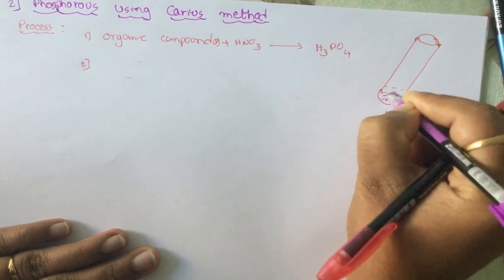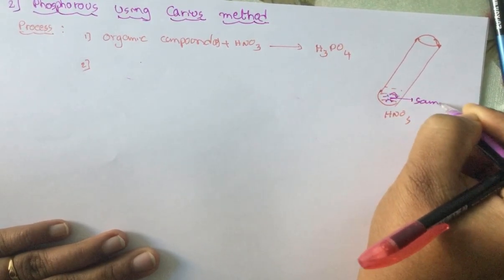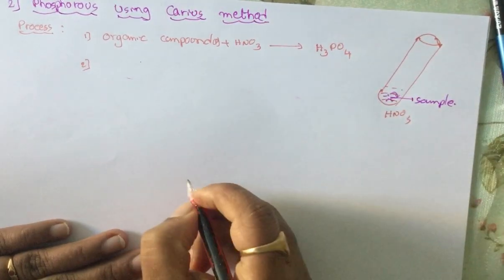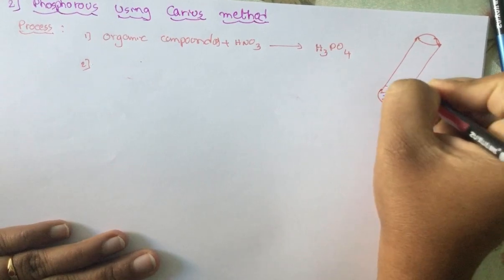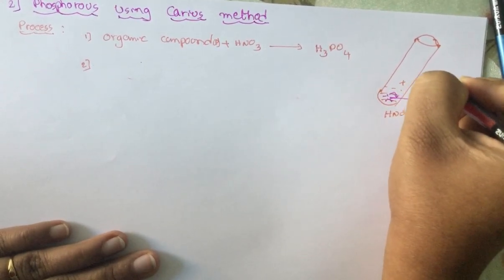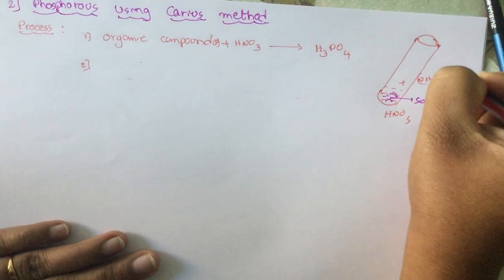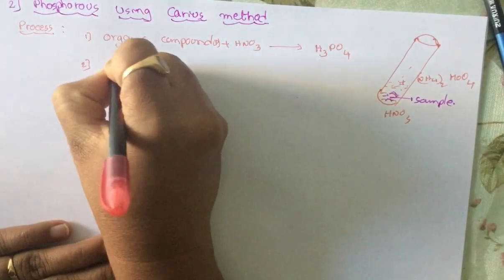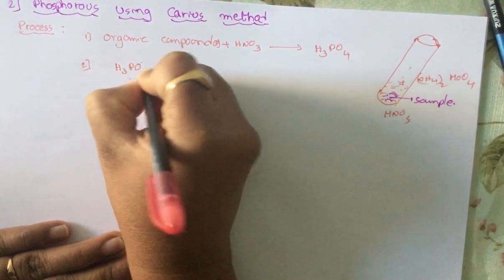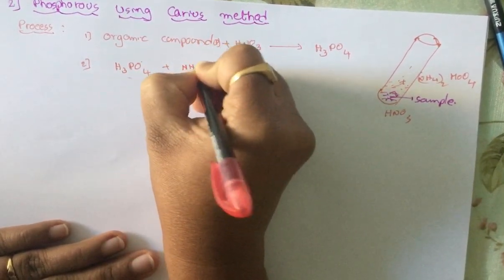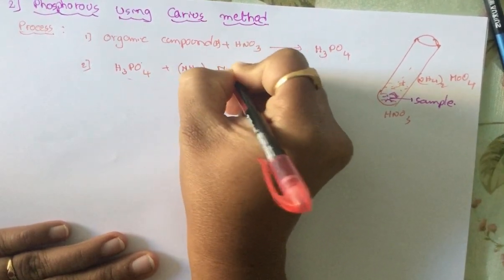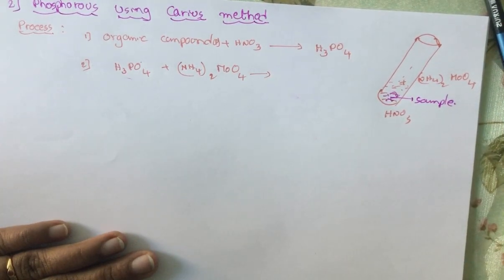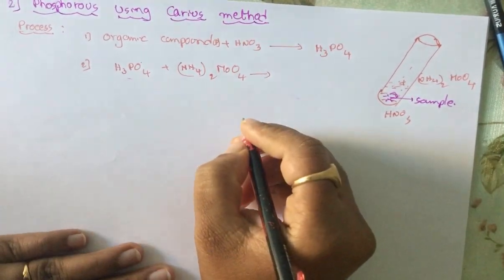When you add the sample, your organic compound is converted into phosphoric acid. Now to the same thing, add ammonium molybdate to this. Okay, so when phosphoric acid is treated with ammonium molybdate, it is converted into ammonium phosphomolybdate.